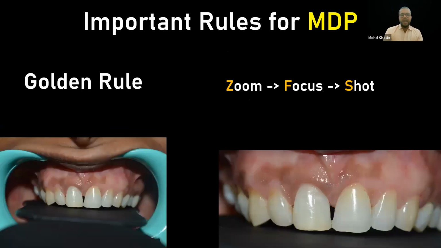So the golden rule for MDP is zoom, focus, and shoot. I'll just explain about zoom here. There are two types of zoom: optical zoom and digital zoom. If you're a DSLR user, the lens zooming is called optical zoom. The best part of optical zoom is that image quality stays the same. It won't be compromised. Digital zoom is cropping the image.